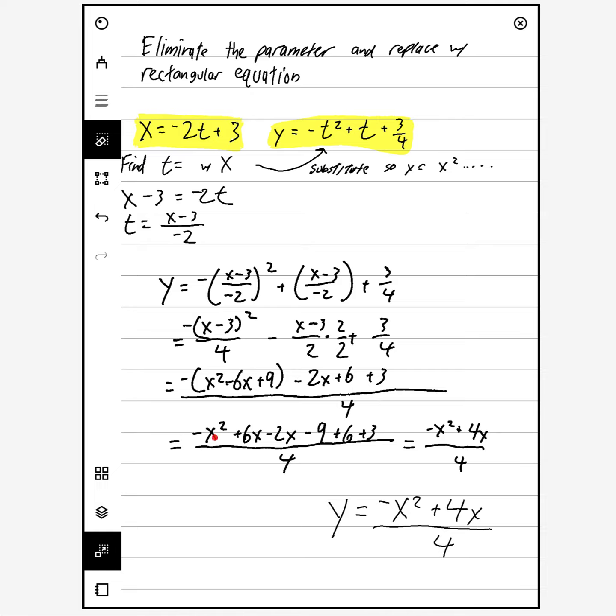And then we're going to combine all the like terms, so these guys together, and these guys together. And this is going to give me plus 4x, and then negative 9 plus 6 plus 3, that's all 0, so nothing else left. And that's how we get to negative x squared plus 4x over 4. And then the last step we need to do is say y is equal to all of that. And that's how we write it as a rectangular equation.